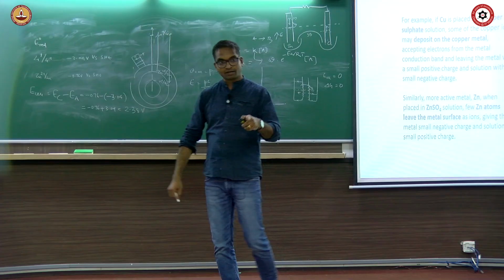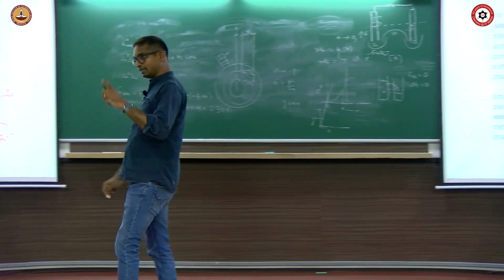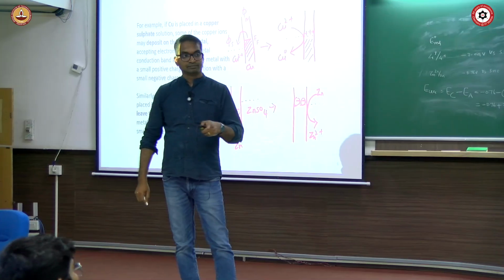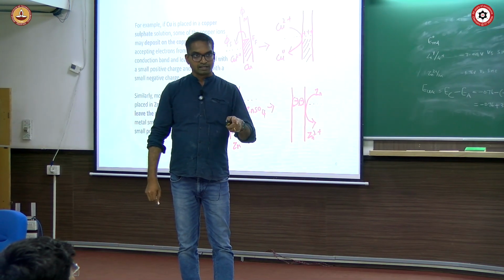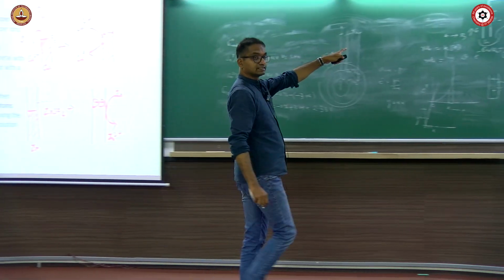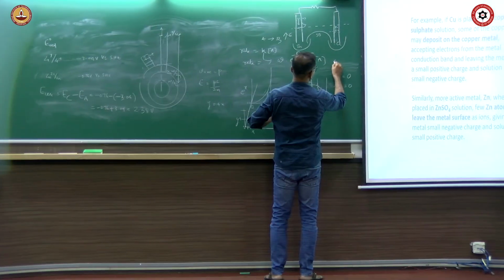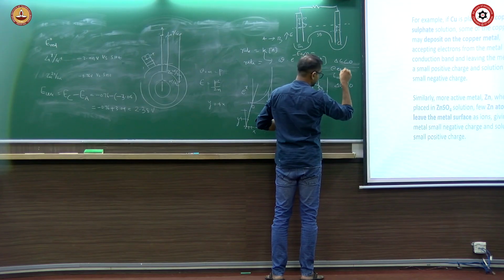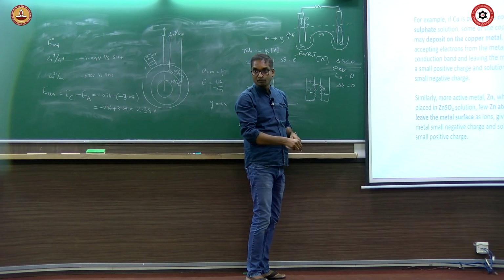You remember in thermodynamics, if delta G is negative, the process is spontaneous, and if delta G is positive it is non-spontaneous. So when I started this cell, delta G was negative. At equilibrium, delta G becomes 0.